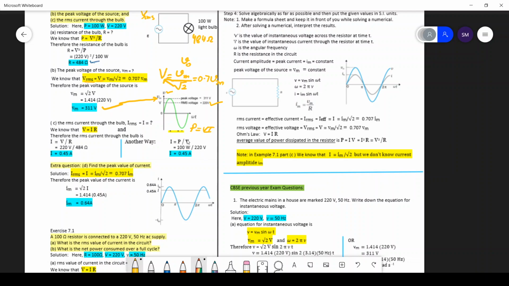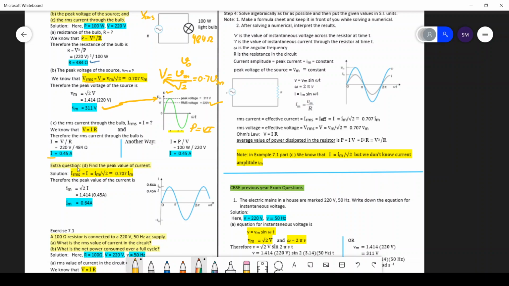So all these formulas are in RMS. So RMS is lesser than the peak voltage. It is always lesser. RMS voltage will be lesser than peak voltage. This is 0.70 times the peak voltage. And same is the case of current here. So we have found this current, this is RMS current.